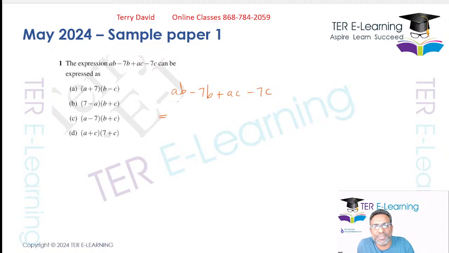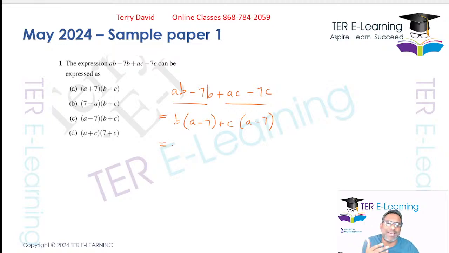We can use the first 2 terms if we want. We have b common here, so we can pull out b, and this is going to be a minus 7. Then for the next two terms, we have c common, so we can say plus c, and this is going to be a minus 7. From your normal maths, you would realize that this is factorizing by grouping.